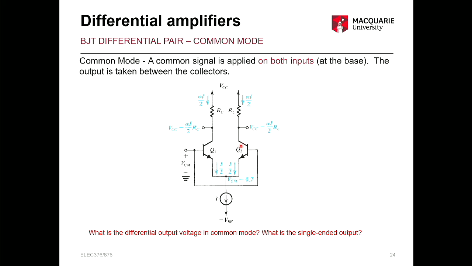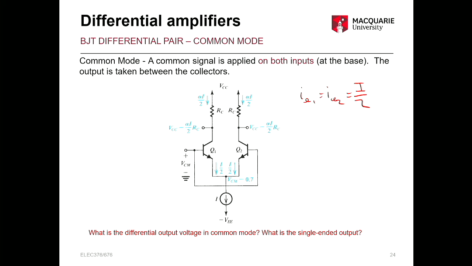Now here we have, as before, through the symmetry of the circuit, you can see our current source is split through both sides. So we can say that our IE1 is equal to IE2, which is equal to I over 2. Okay, so that's obvious from the symmetry right at the start.